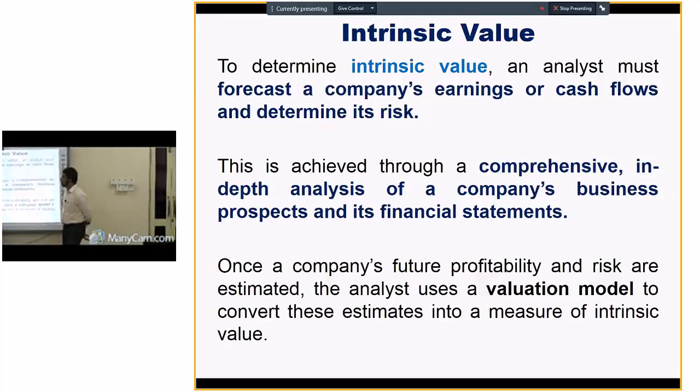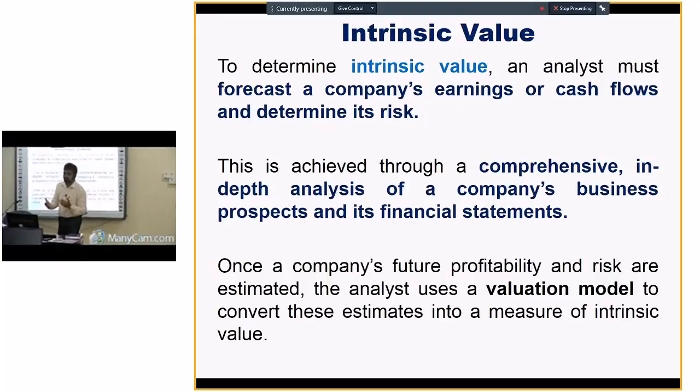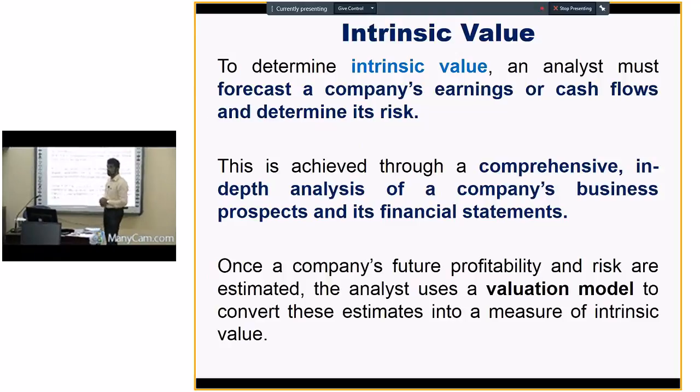As you all know, we have to think about the variability of return, that is called risk. Then we have to think about the risk and the company earnings, earning forecast, cash flow estimations, all are very much important.